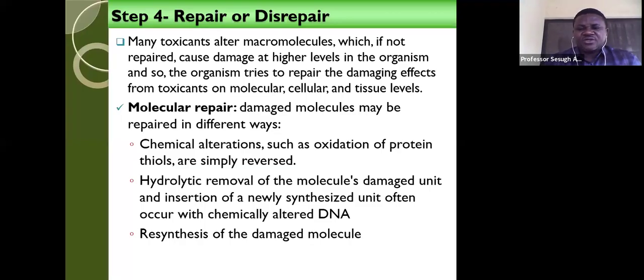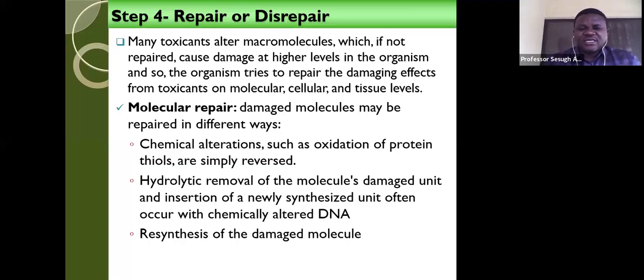One is chemical alteration, such as oxidation of protein thiols, which are simply reversed. So instead of oxidation of protein thiols, which are harmful to the body, there might be no oxidation of such.